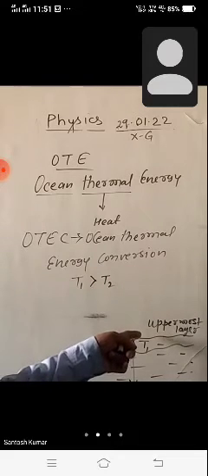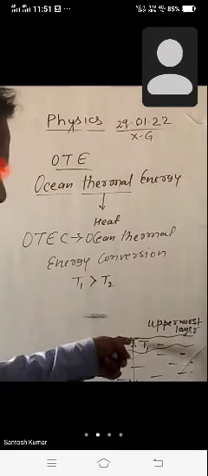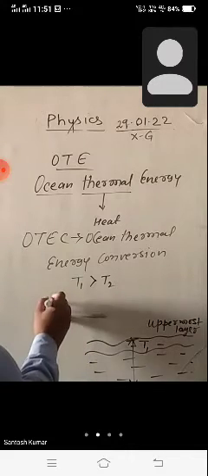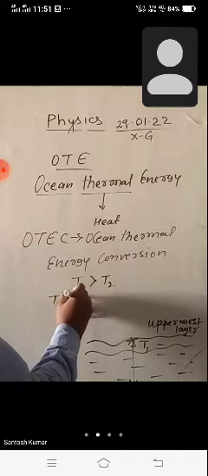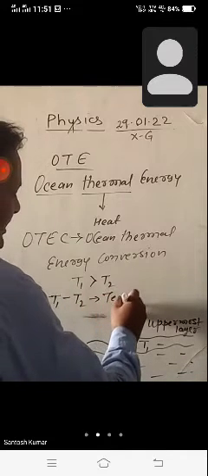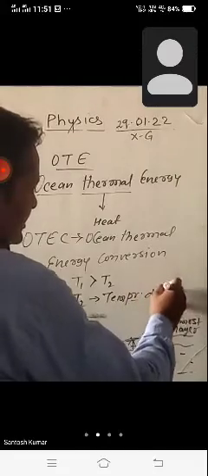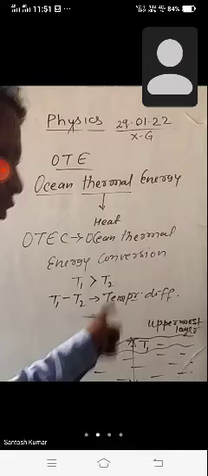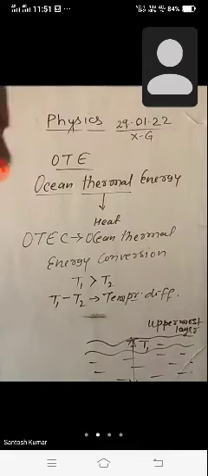Sunlight falls on the uppermost surface, so light rays reach here in maximum amount. Later it is decreasing. So T1 minus T2 is the temperature difference between these two layers, the uppermost layer and the deeper layers.